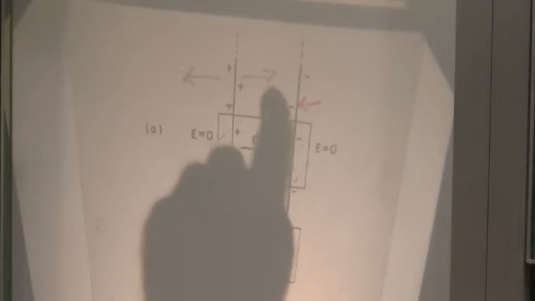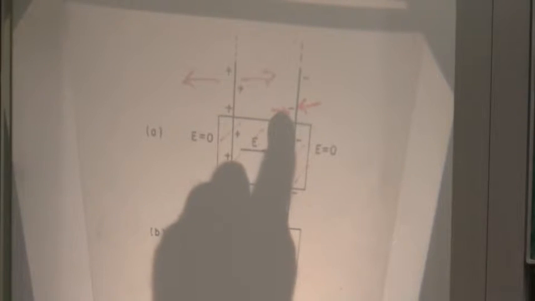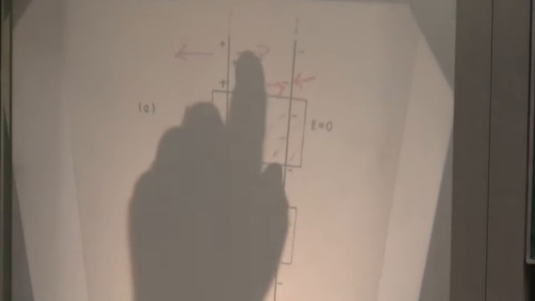Obviously, if you're outside, the fields cancel, whereas if you're inside, they superpose. And if you've got two lots of sigma over 2 epsilon naught superposing in between the sheets, we've got E is equal to sigma over epsilon naught. So that's basic Gauss's flux law.